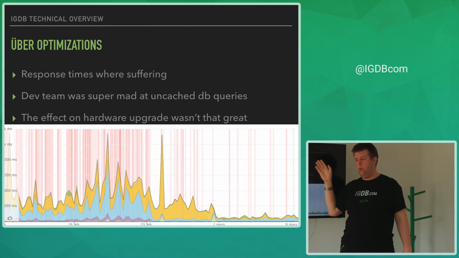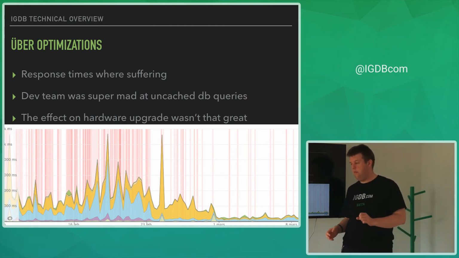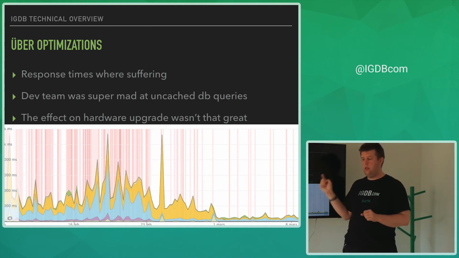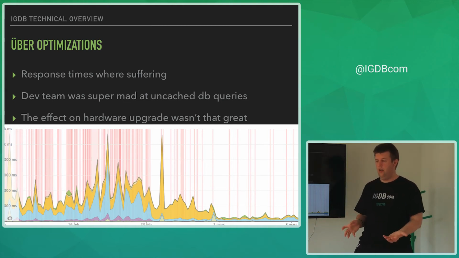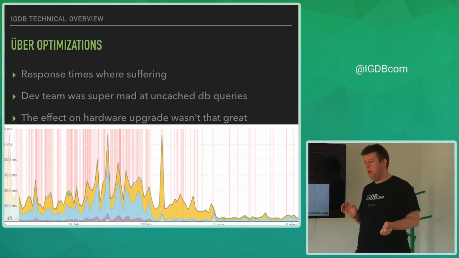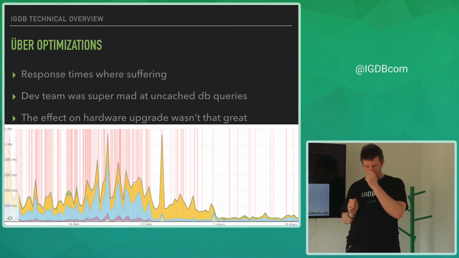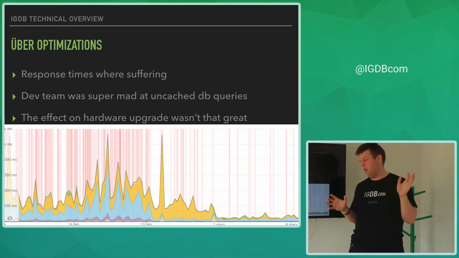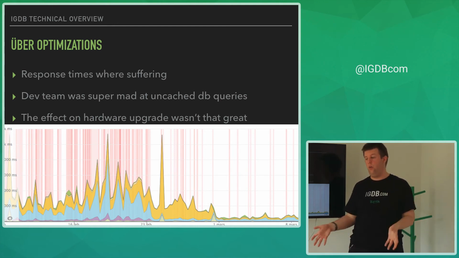Okay, so now we move on to Uber optimizations. The thing is that the response times were suffering, and the dev team was super mad at me because of uncached database queries. And also the effect of the hardware upgrade wasn't that great.